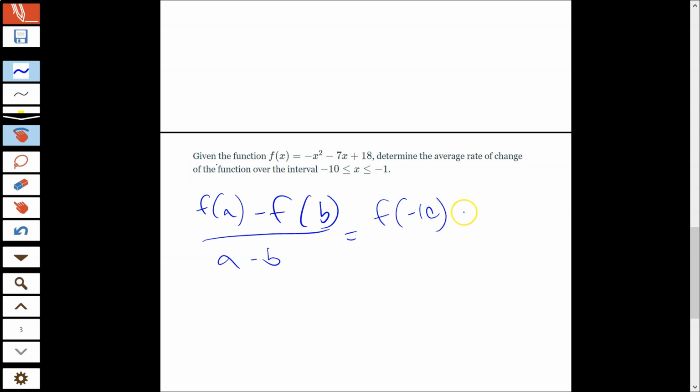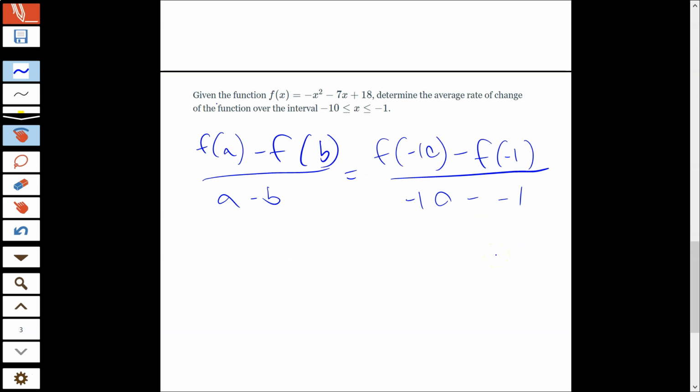Okay, here, this looks a little different, but this is actually the same thing. So here we're given the function instead of a graph or a table, and we're finding the average rate of change over the interval. So we're still going to use that difference quotient formula, or really the slope formula, right? So it's f of a minus f of b over a minus b. So what that would look like in this case is f of -10, the order doesn't matter as long as you're consistent, minus f of -1, all over -10 minus -1.